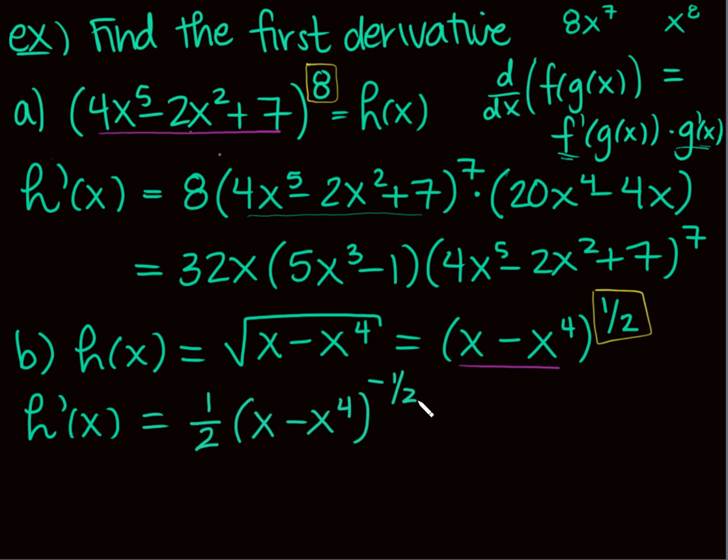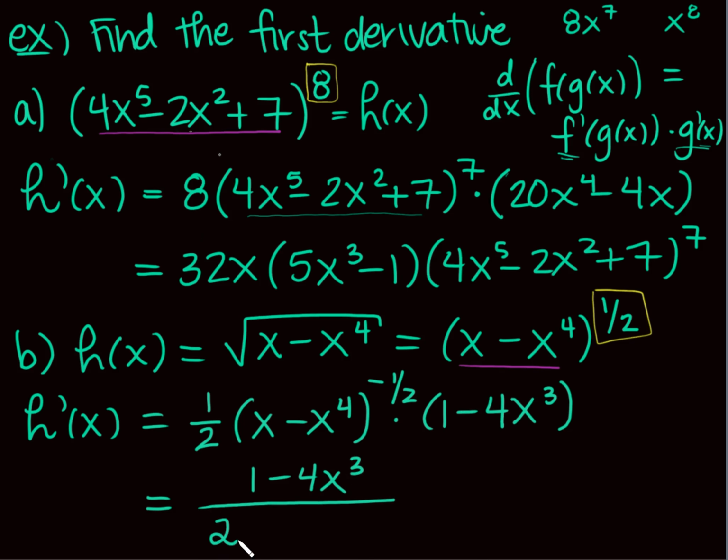That would give me a negative 1/2, okay? Bring the 1/2 down, leave the inside, take 1 away. Don't forget to take 1 away. I say these things because I know it's something that students do. And then multiply by the derivative of the inside. What's going to go in the denominator here? This guy's not going in the denominator because it has a positive exponent. Remember, you have to have parentheses around that.